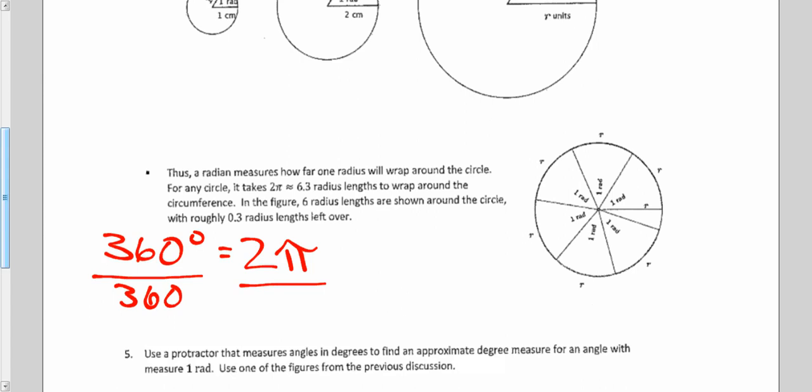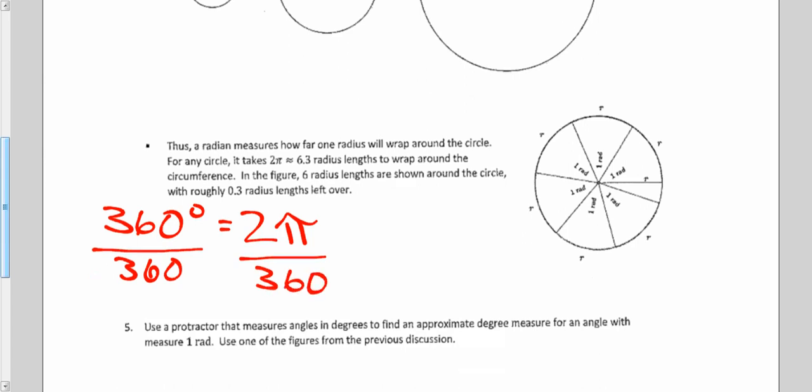And if I divide this side by 360, I should divide this side by 360, right? So now, 360 divided by 360 is 1. So 1 degree equals, can I simplify this fraction?